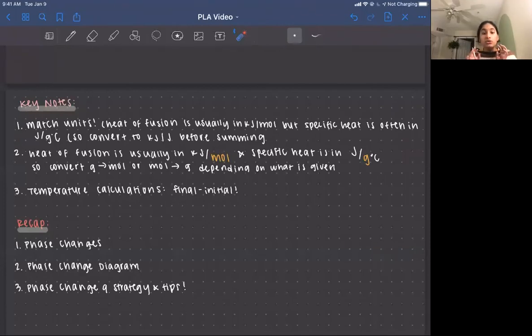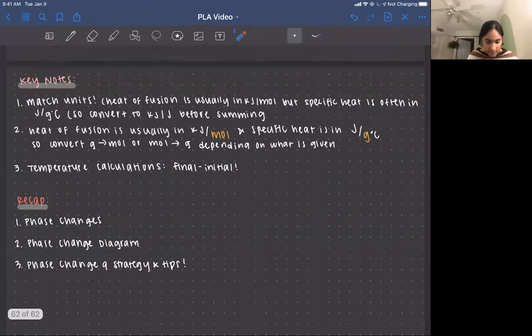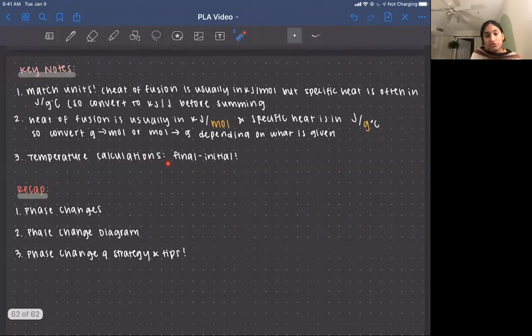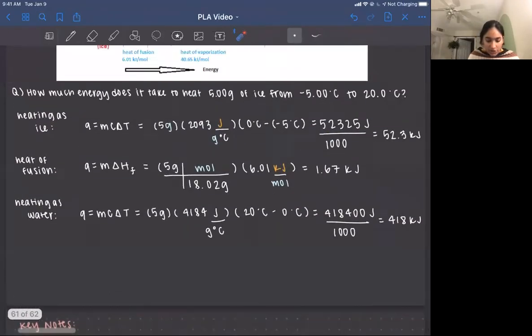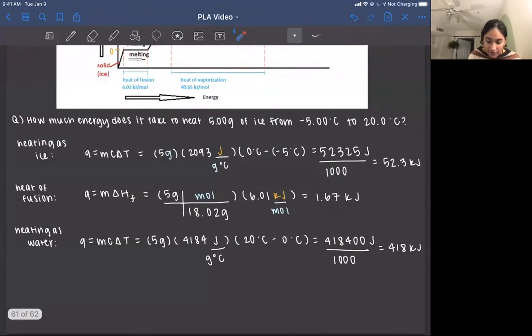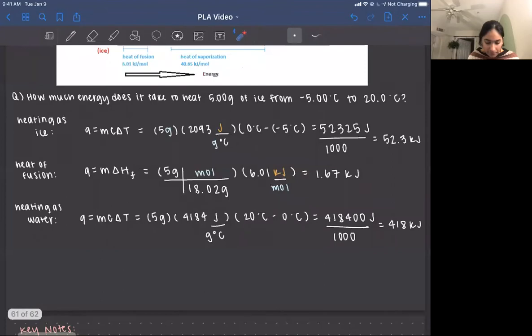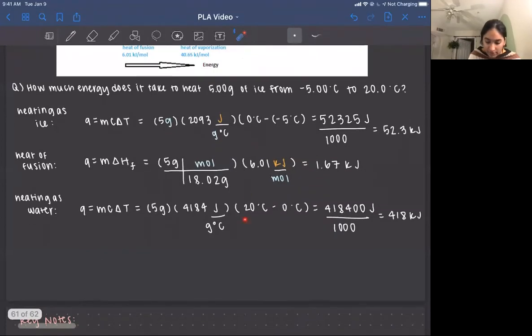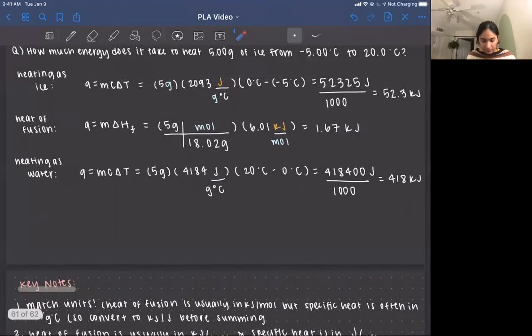So make sure you either convert from grams to moles, or if it's given in moles, convert from moles to grams before you use the specific heat, because it's in joules over grams times Celsius. And then finally, with temperature calculations, always remember that it's final minus initial. So with heating as ice, our final temperature was 0 degrees Celsius. And with heating as water, our final temperature was the final temperature given in the question.